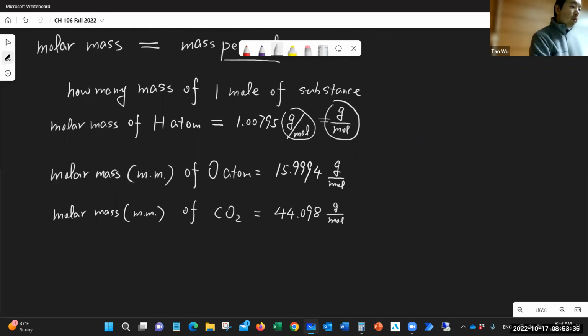Molar mass, this unit is a combined unit with gram and mole. So that is why, if you look at the molar mass, generally the equation you can figure out is that molar mass comes from the mass, or the gram of the substance, divided by the mole of the substance.